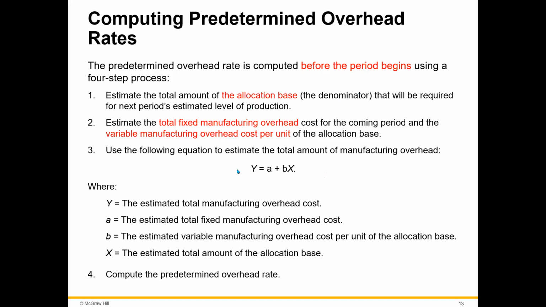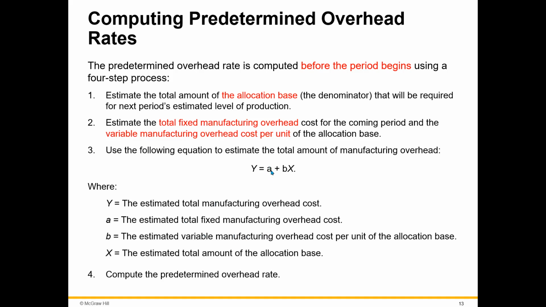So to do that, we need to get an estimation for the total fixed overhead. This will be represented by the A in the formula. So estimated total fixed overhead, all of your fixed overhead added together. And that's a dollar value, right?